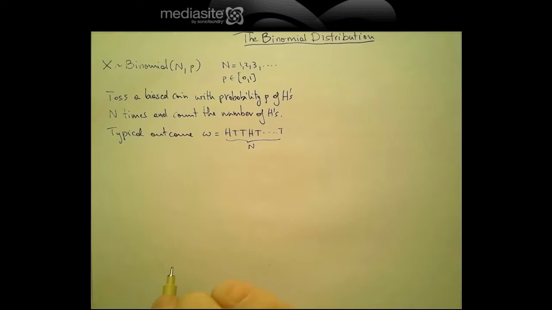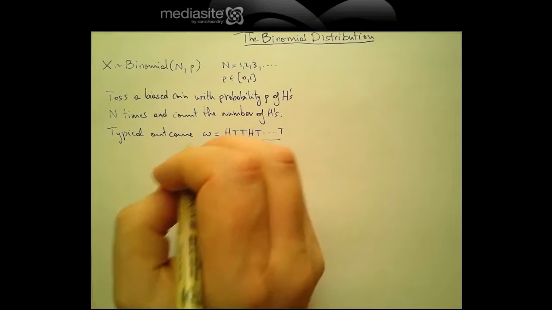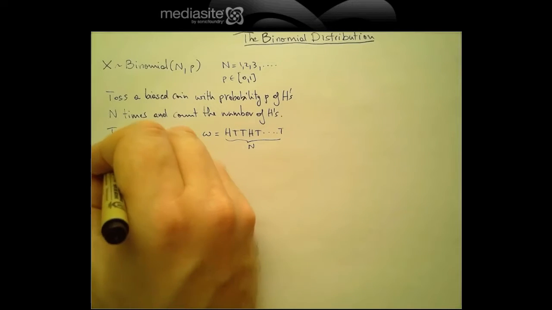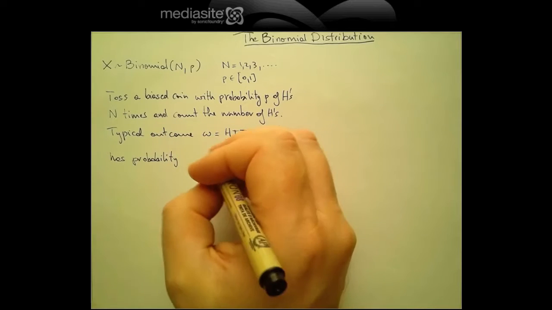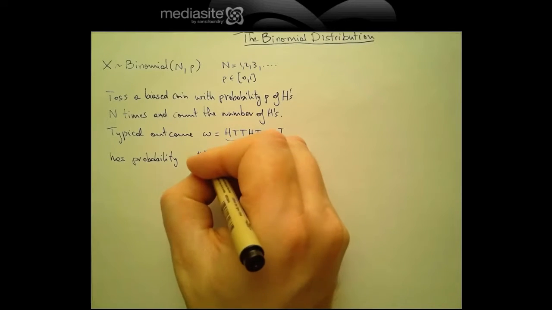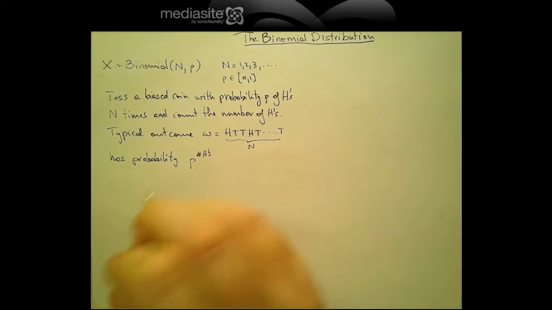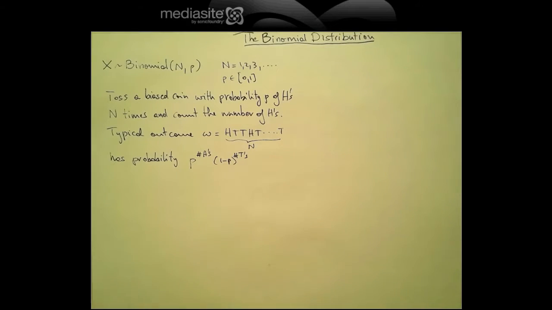Right, so it's a string of length n, and because each toss is unrelated to the previous one, we can actually write the probability of this one outcome by looking at how many heads, how many H's there are, and then take p to that power, and 1 minus p to the number of tails.